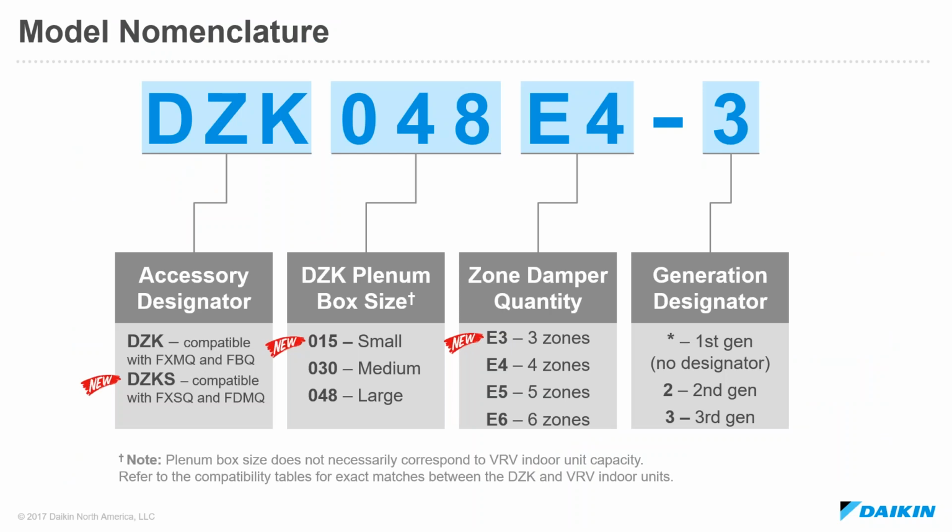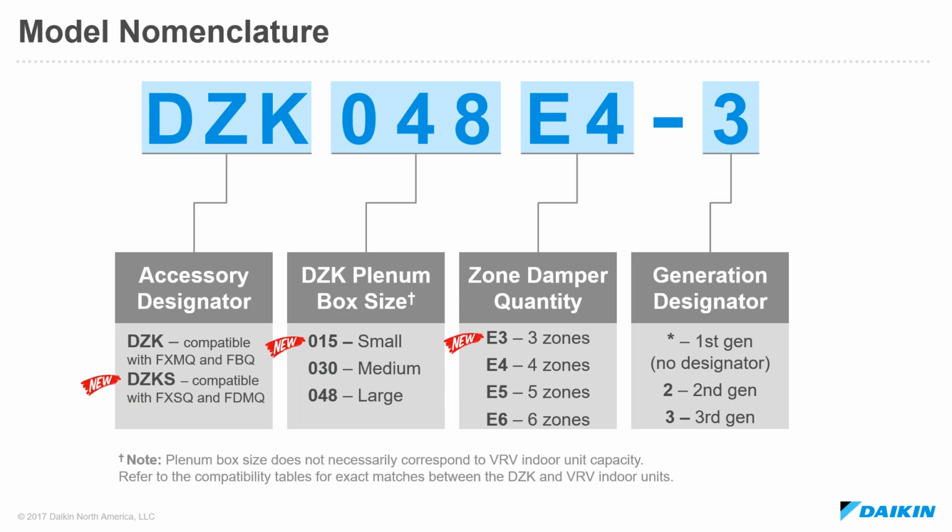From a model nomenclature standpoint, the DZK model number starts with DZK, or now there's also a DZKS model, where we use the S to denote compatibility with the FXSQ and FDMQ style of indoor units. The next 3 digits, 048, indicate the plenum box size.